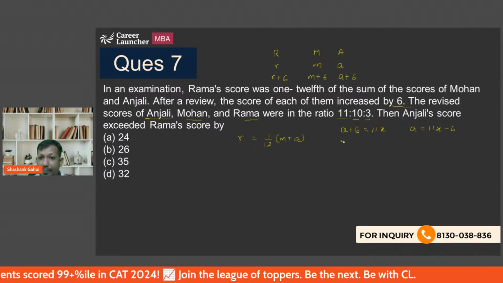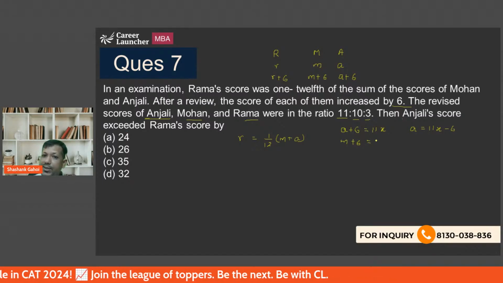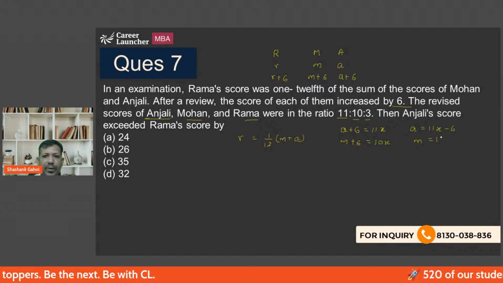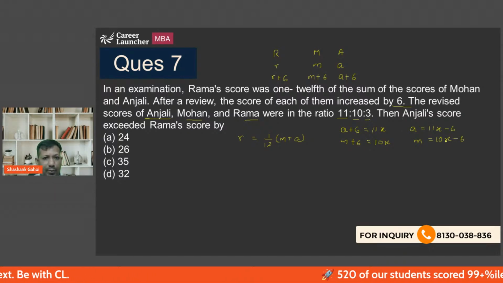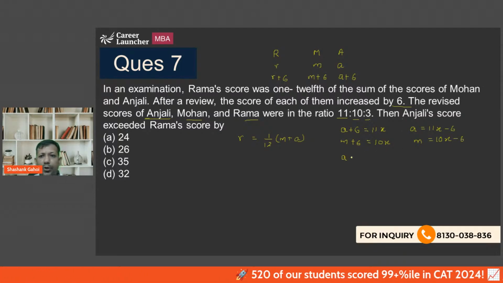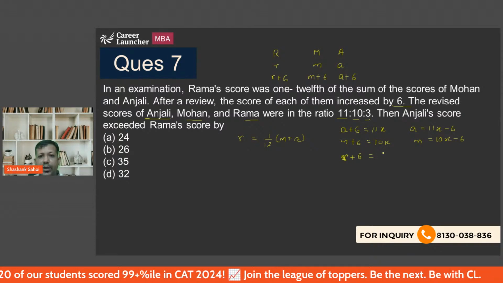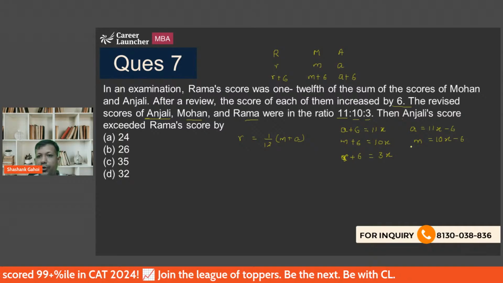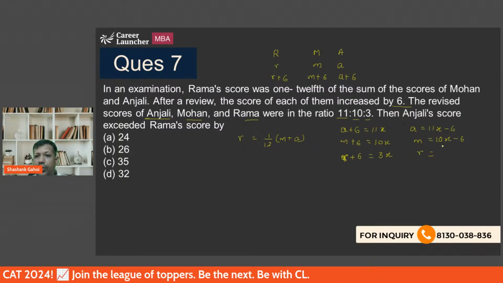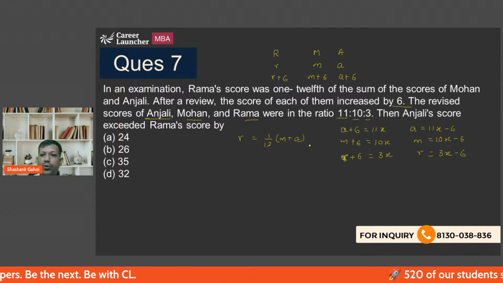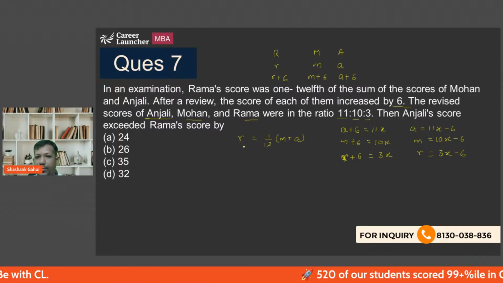Mohan's score is M plus 6, and that is equal to 10x, so Mohan's score is going to be 10x minus 6. Now Rama's score, R plus 6, is equal to 3x. So from here, Rama's score is going to be 3x minus 6.